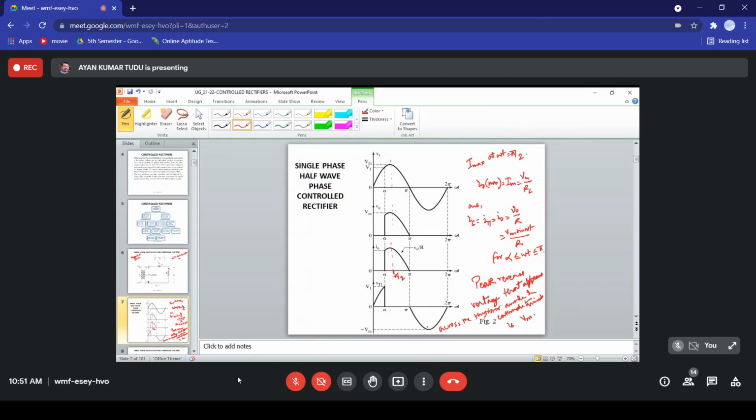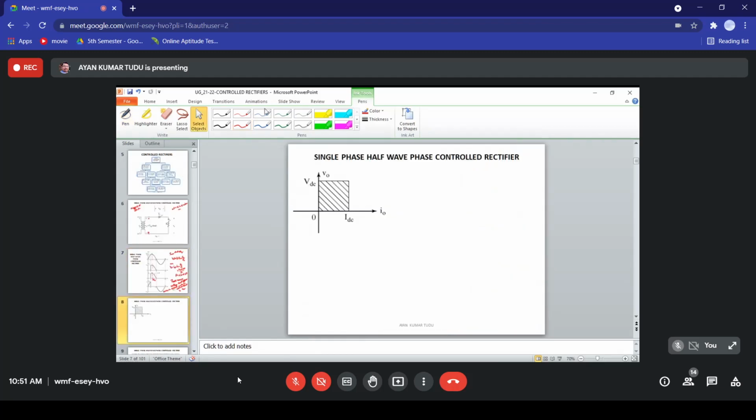So what are the other things that can be observed from here? We have the delay angle alpha. Please remember that this delay angle alpha is measured from the beginning of each positive half cycle. Let me write it down here.